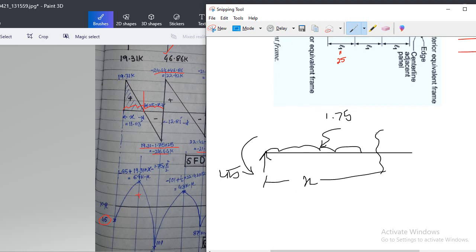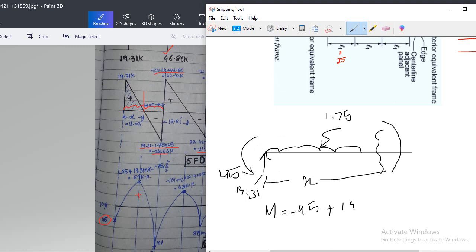So what will be the value of moment right here? It will be a positive moment, and the value of that moment will be 45. Let's say this moment is negative. Here we have this reaction, and this reaction is basically 19.31. That reaction tends to a positive moment.